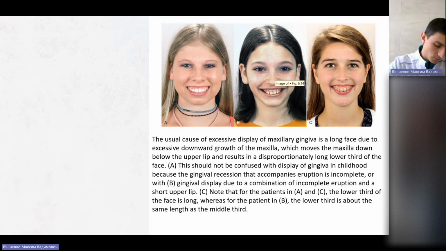But to confirm what we say, we need to make a cephalometric analysis. Only after cephalometric analysis could we say exactly if the patient has a high angle or a low angle.